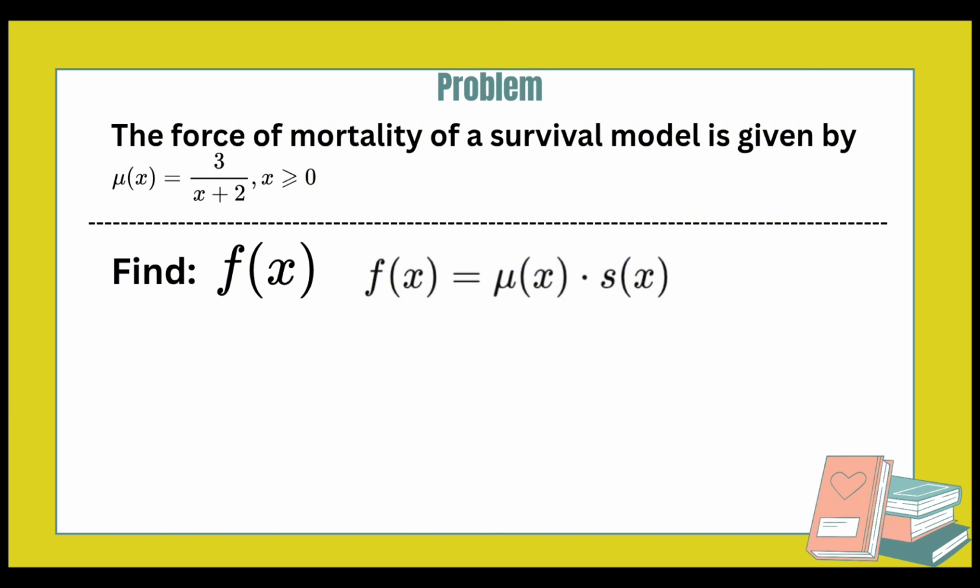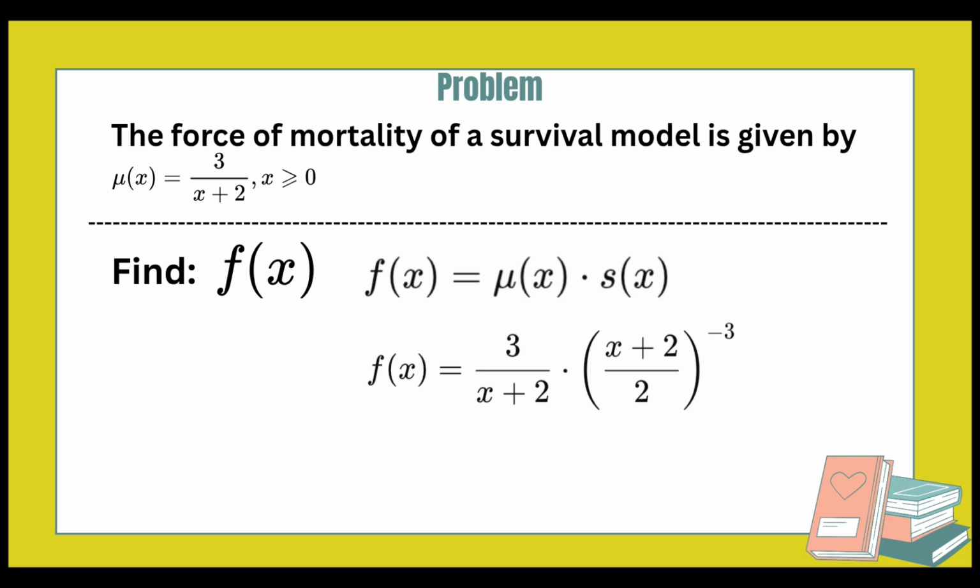We only need to substitute the expressions from our previous solutions. So mu of x is equal to 3 over x plus 2, and S of x is equal to ((x plus 2) over 2) raised to negative 3.